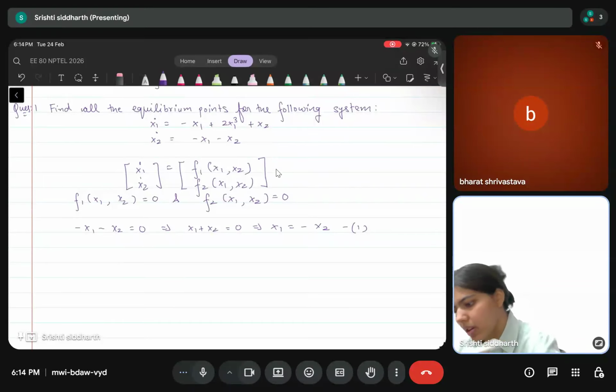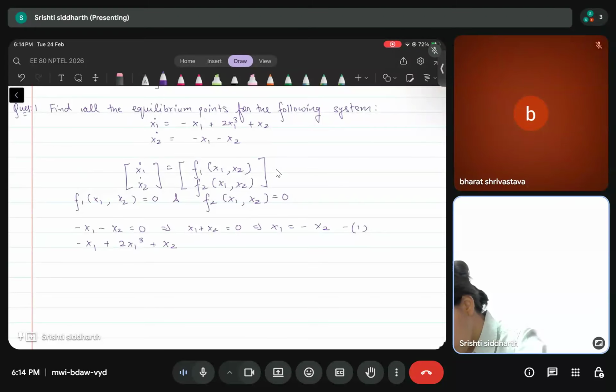From the second equation we get x1 equals minus x2. And from the first equation, we have minus x1 plus 2x1 cubed plus x2 equals 0. Let's substitute x1 equals minus x2 in this equation. So we would get x2 minus 2x2 cubed plus x2.